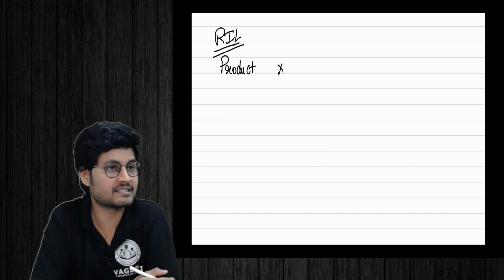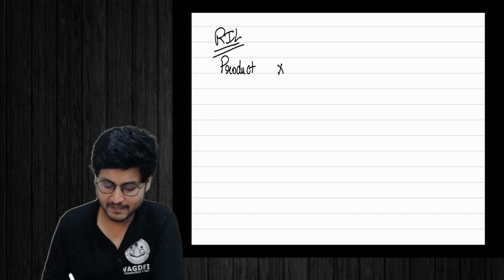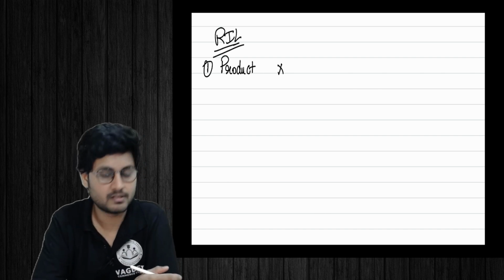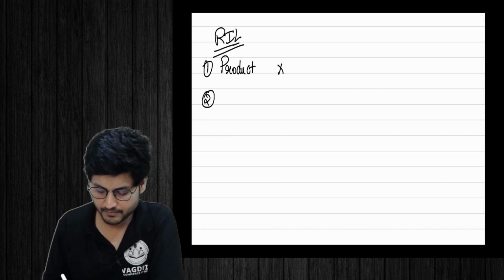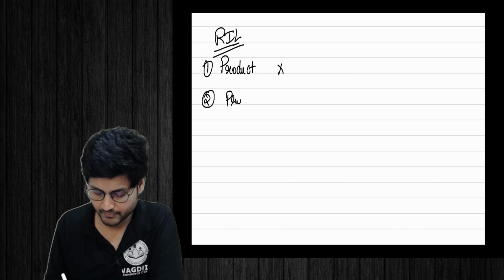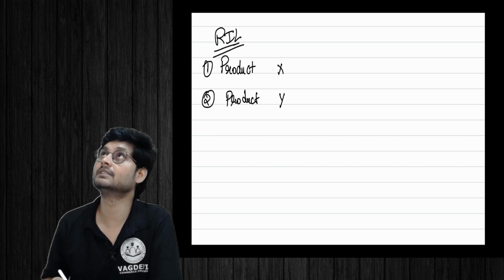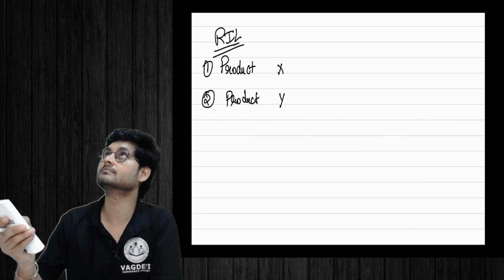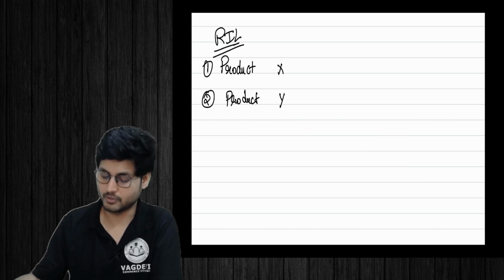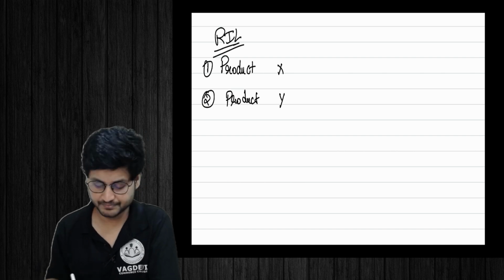Ravi Industries Limited is the company, and this company manufactures product X, and it is also dealing with product Y.